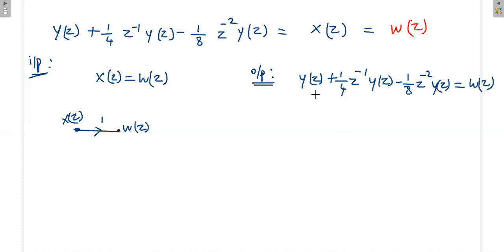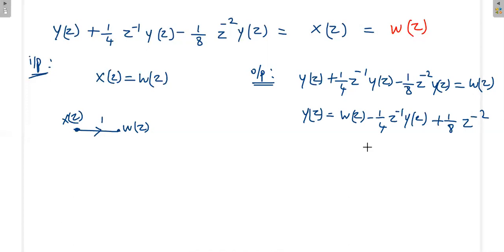Okay, ultimately we are going to realize Y of z, that is Y of z is equal to W of z minus 1 by 4 z inverse Y of z plus 1 by 8 z power minus 2 Y of z.